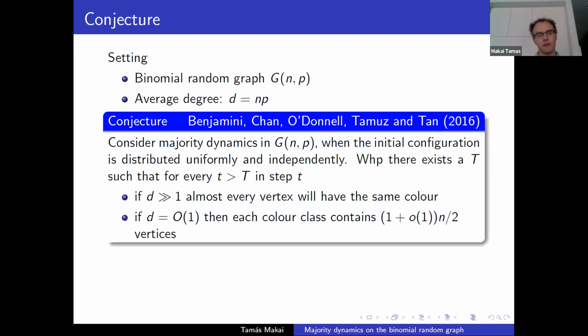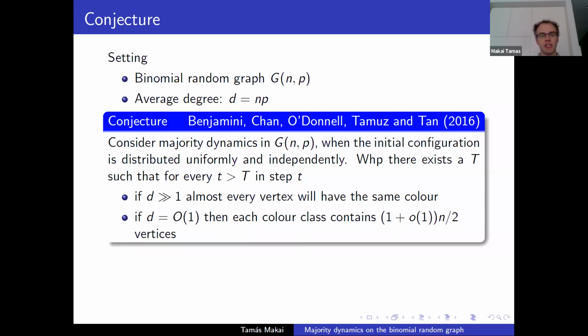So Benjamini, Chan, O'Donnell, Tamuz, and Tan conjectured that if we initially assign the vertex colors in G(n,p) independently and uniformly, meaning that each vertex is with probability 1/2 blue and with probability 1/2 red, then depending on the average degree, one of two possible things can happen.